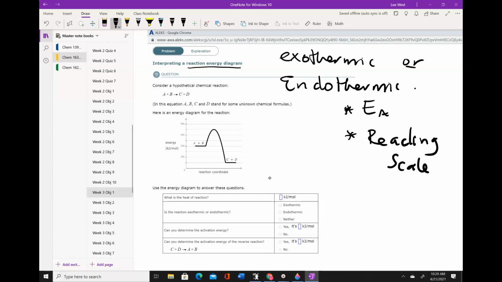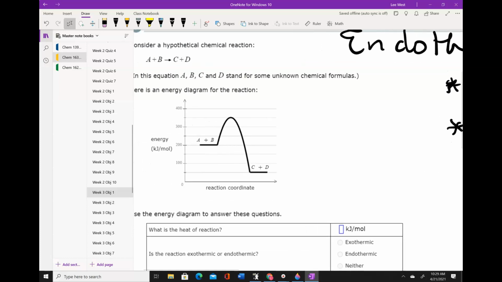So how we always write an energy diagram, we always have reactants on the left, products on the right, just like a balanced chemical equation. And then the difference in energy between your reactants and your products, that's called the enthalpy of the reaction.